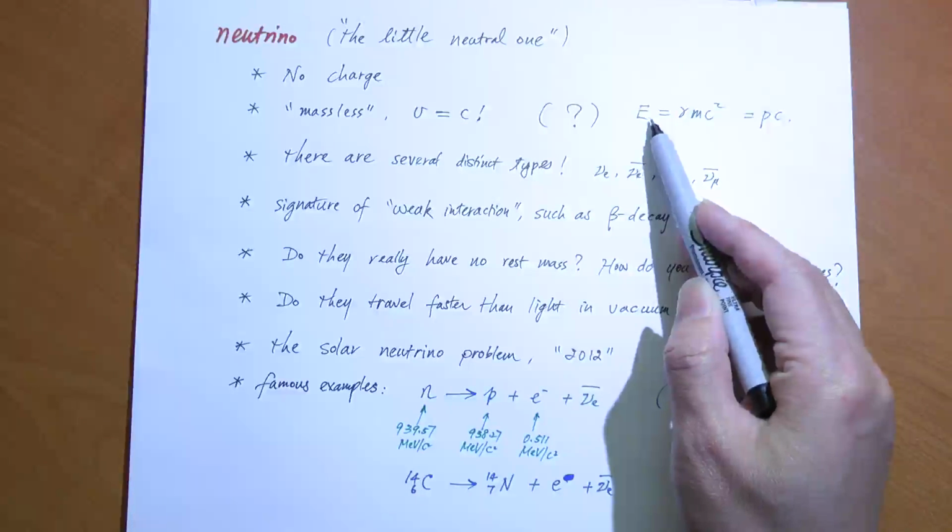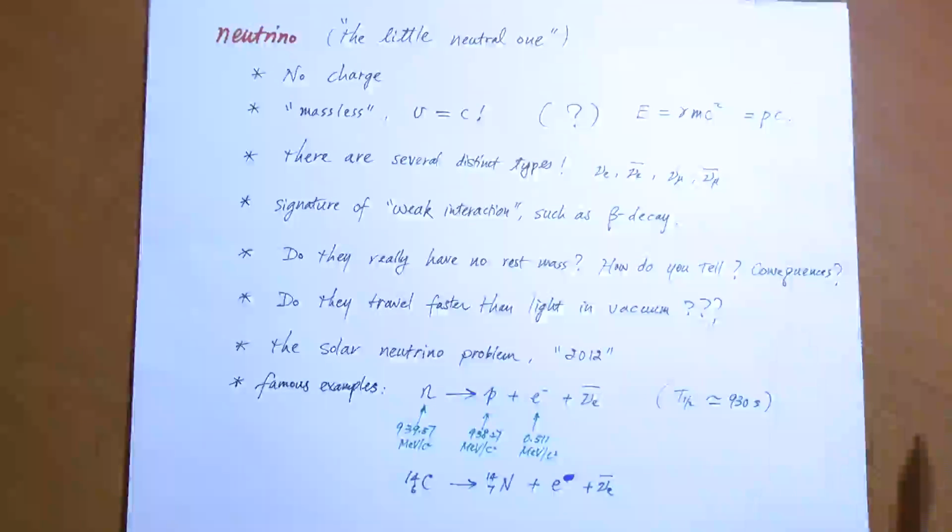Because otherwise you get infinite energy carried by this single particle, which is not possible. So gamma has to be less than infinity, which means v is less than c. So, how do we know neutrinos have some rest mass? If it has a rest mass, it travels slower than the speed of light. And conversely, if we find that the speed of neutrino is less than that of light in vacuum, it must have some rest mass.